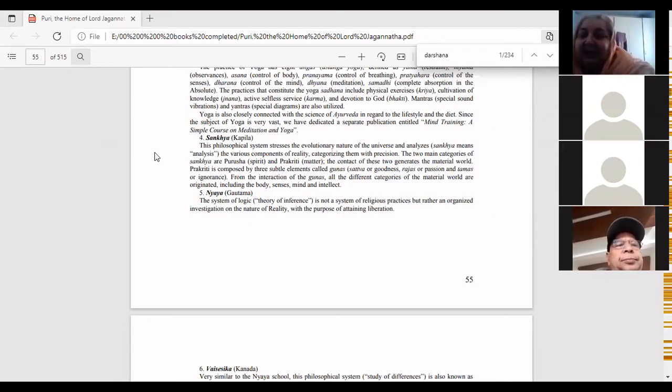Now, in the Bhagavad Gita, the second chapter is called Sankhya Yoga. And it explains the difference between the kshetra and the kshetragya.